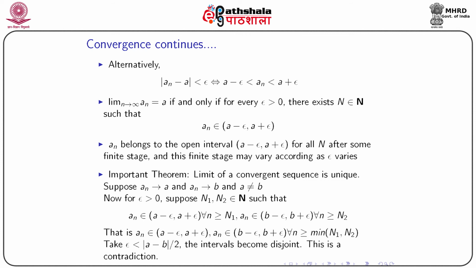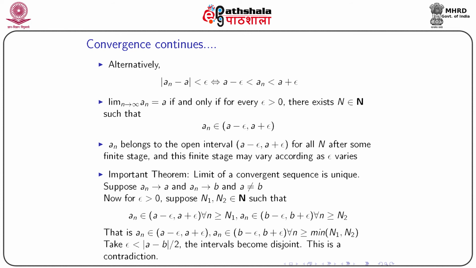Now we'll consider a few examples. First, the example we will be considering where a_n is 1 over n. Common sense says that as n increases, this goes to 0. So the limit of a_n is equal to 0. Now we have to identify capital N such that 1 over n is less than epsilon for all n greater than or equal to capital N. It is easy to note that 1 over n less than epsilon is equivalent to n greater than 1 over epsilon.